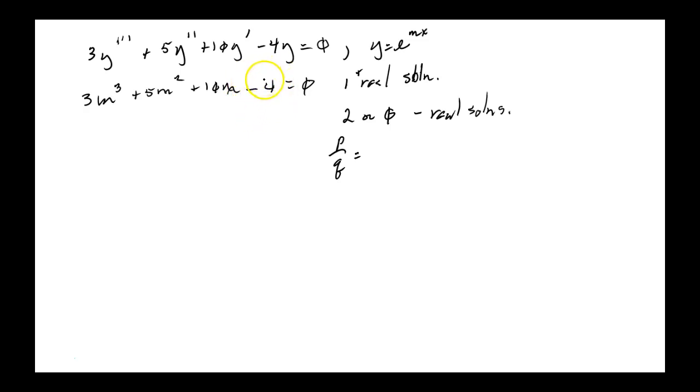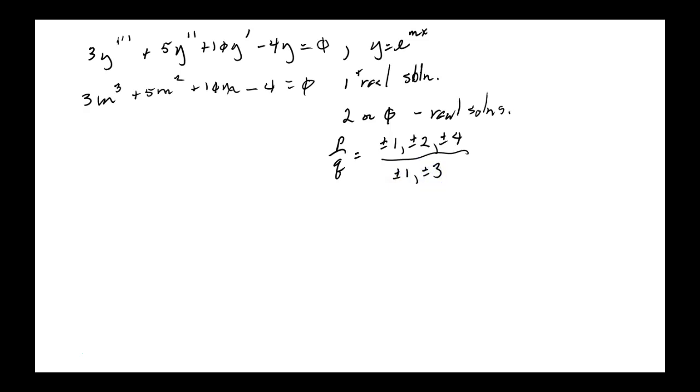The last term is a -4, so all its possible factors would be plus or minus 1, plus or minus 2, and plus or minus 4, divided by the Q, which are all the possible factors of your leading coefficient. And that will be plus or minus 1 and plus or minus 3.